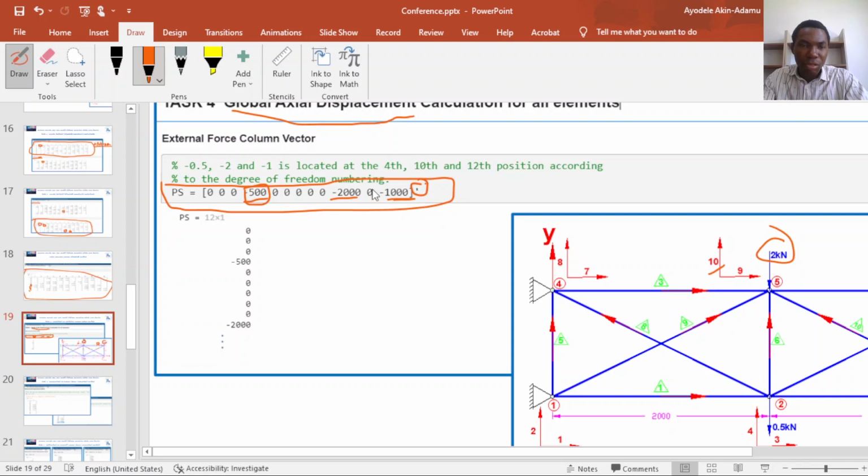This hyphen is to change the matrix to a column vector. So this vector is defined using this line of code: 0, 0, 0, minus 500, 0, 0, 0, 0, 0, minus 2,000. The remaining 9, 10, 11, 12 is not shown here, but it's already stored in the Matlab memory. So this is how we define our global force vector for this problem.